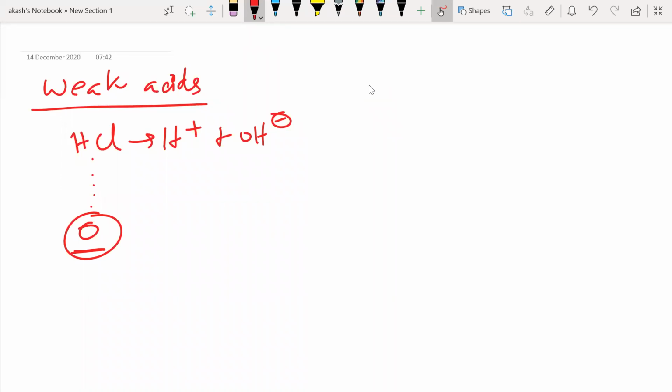Cool. Moving on. Assume that I have a weak acid, say HA, some acid. I have an acid HA, and this is going to give me H plus and A minus. For this reaction, I can write the equilibrium constant.